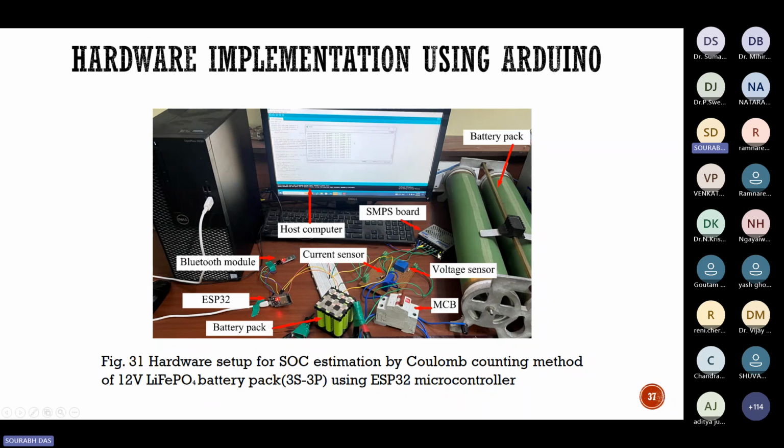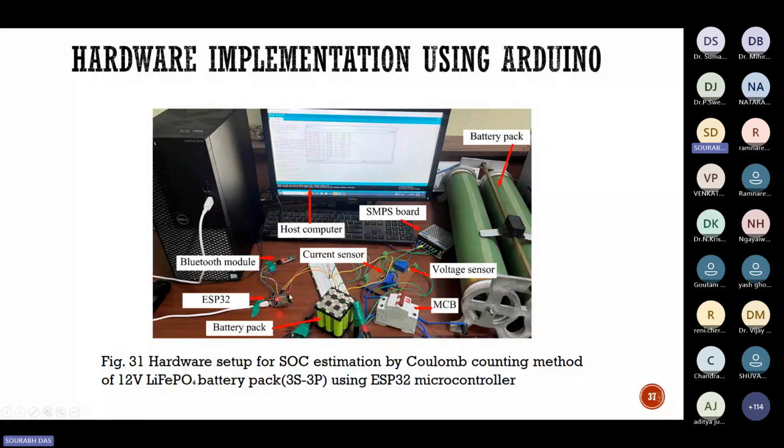Then the SMPS board is required to power up all the sensors here. All the voltage and current signals go to the ESP32, and we can monitor that voltage and current signal on the host computer.